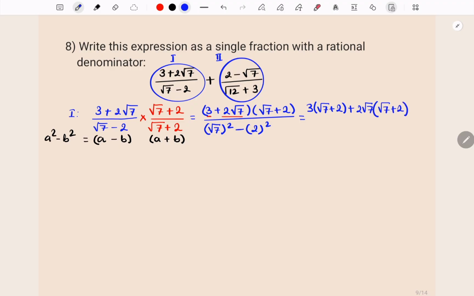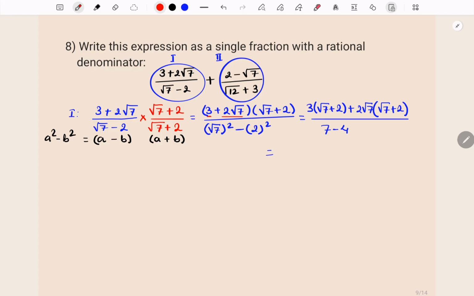That is the law of distribution. Whenever we have two brackets, we multiply them using the law of distribution. Now in the denominator we have root 7 squared, which is just 7, and then we have 2 squared, which is 4. Now let's see what we can do in the numerator first.